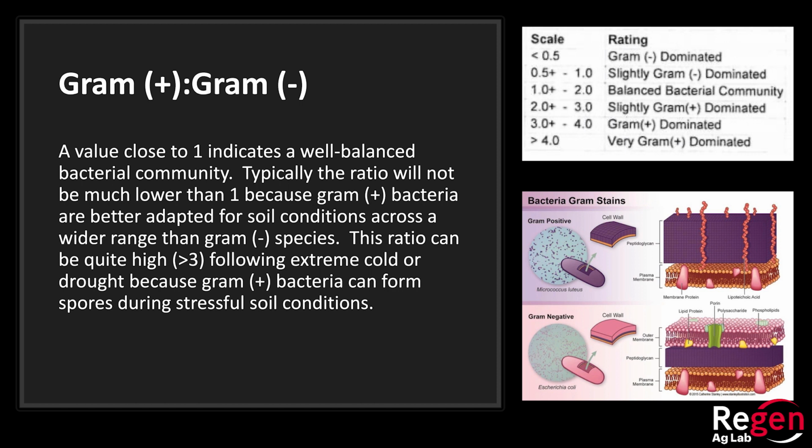Gram-positives, why we care, is that gram-positives are incredibly resilient to drought. They're incredibly resilient to fluctuations in temperature or temperature extremes. And so if we start to see gram-positives dominate in our soil landscapes, that means that they don't really have a very good environment. Sometimes that's because it's just cold out.